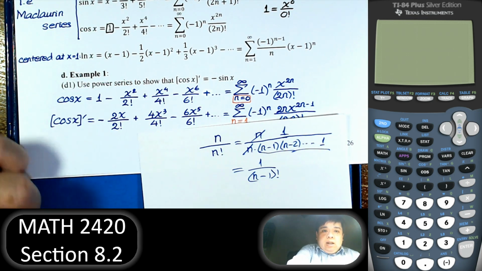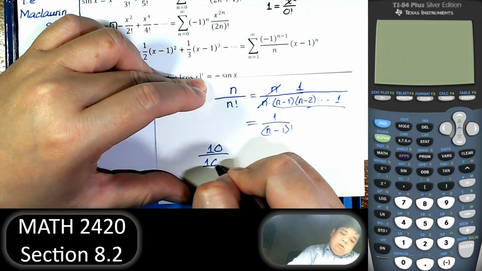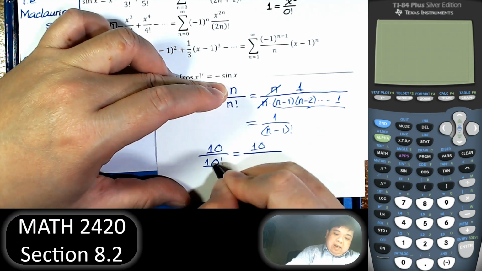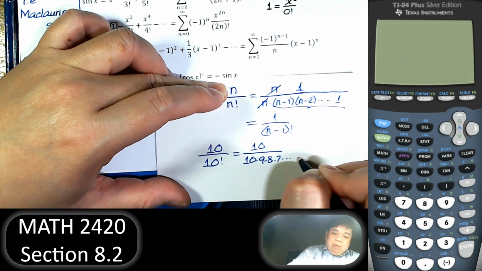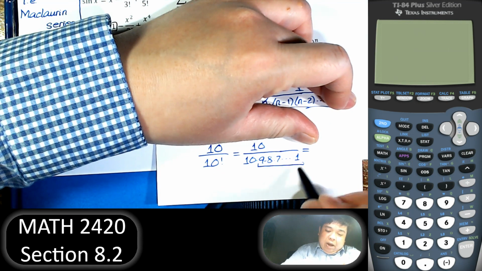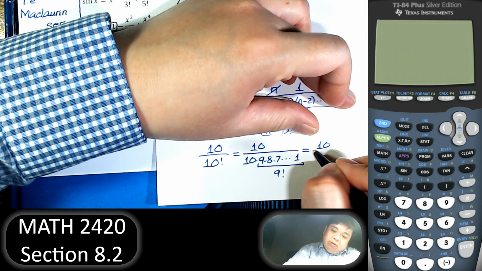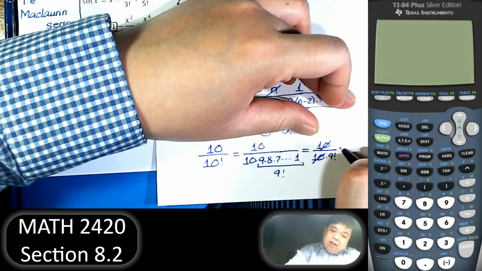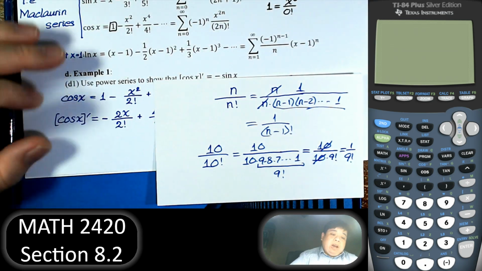An example here, let's say 10 over 10 factorial. 10 factorial is 10, 9, 8, 7, all the way back to 1, and the 9 all the way back to 1 can be written as 9 factorial. So 10 over 10 times 9 factorial, cancel out the 10, we have 1 over 9 factorial. Right, so that's what we have.